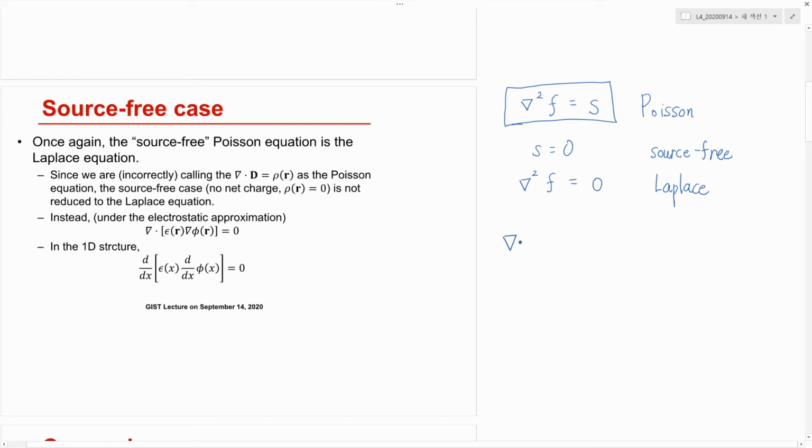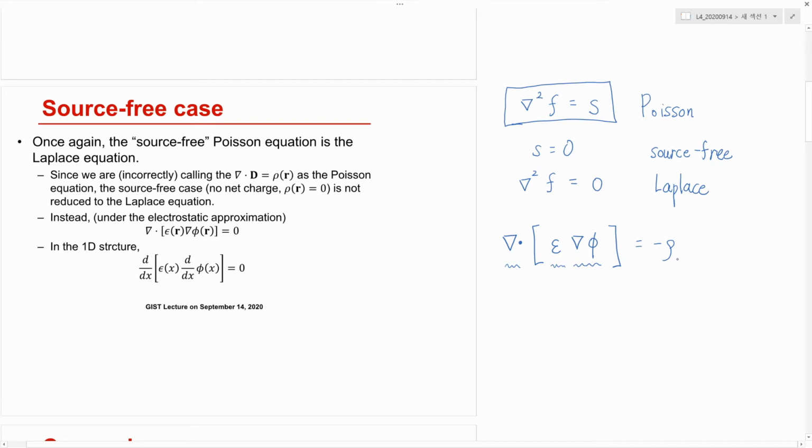If we write it down once again, it has the form like this. Our unknown function f is first taken in the gradient operator, and the position dependent coefficient epsilon is multiplied. After that we take the divergence, then it becomes minus rho, where rho is the net charge density.